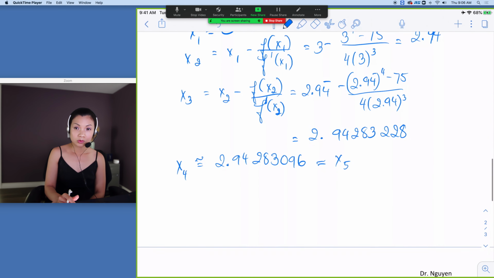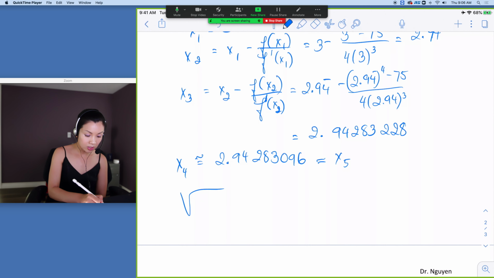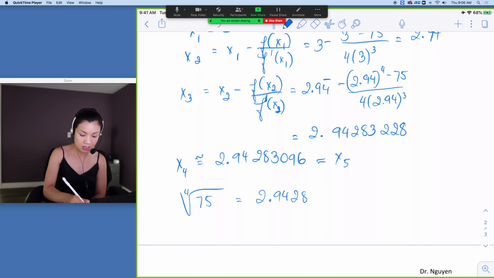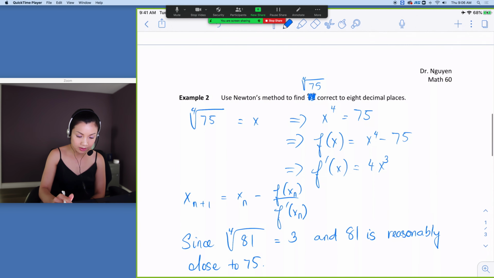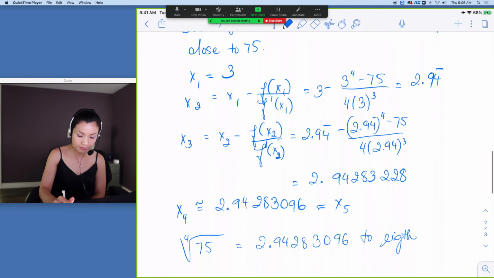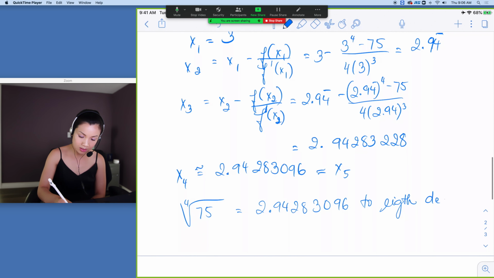So the answer, the fourth root of 75, is 2.94283096. This is to the 8th place, like how we want it, 8 decimal places.